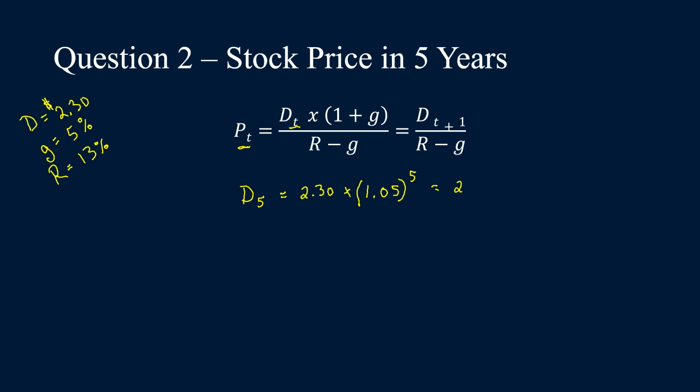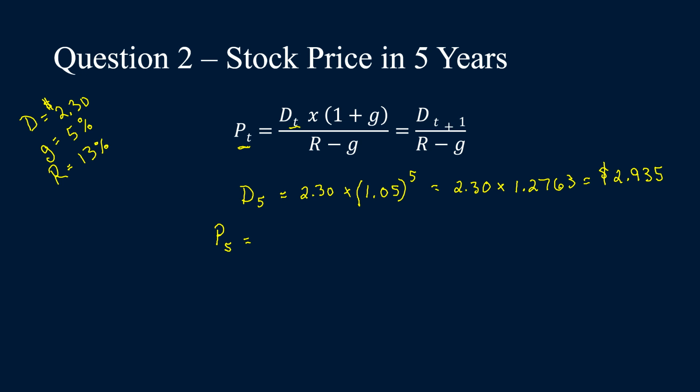So it's 2.30 times 1.2763. And we get roughly $2 and about 93.5 cents. We'll put 2.935. All right. So now we figured out what D5 should be. So now we can put this into our formula to find out what the price should be in 5 years.